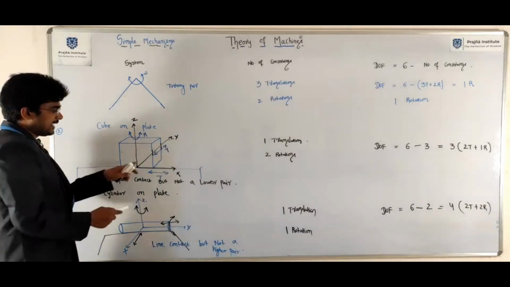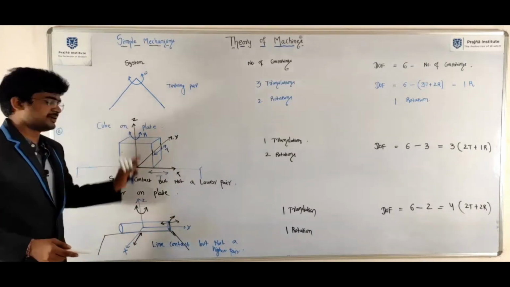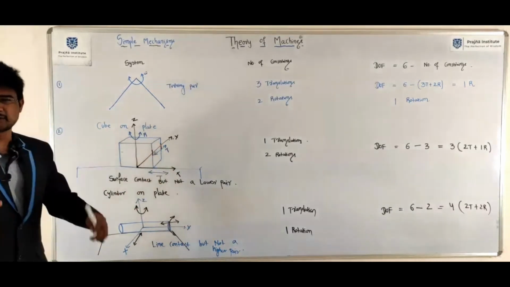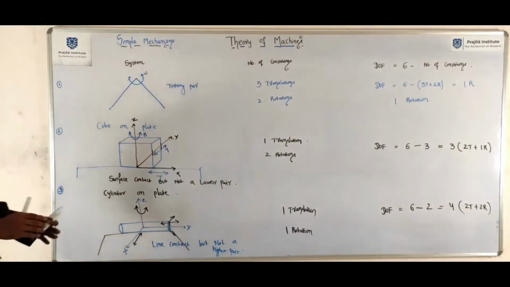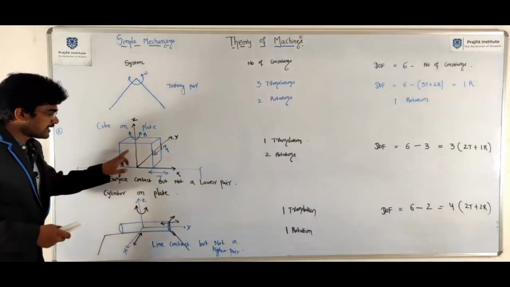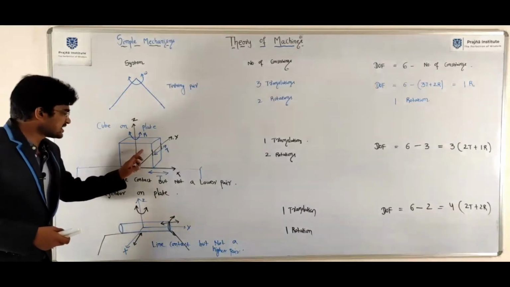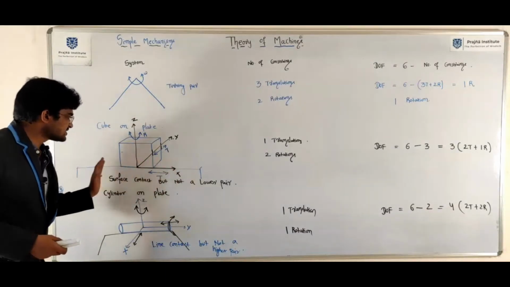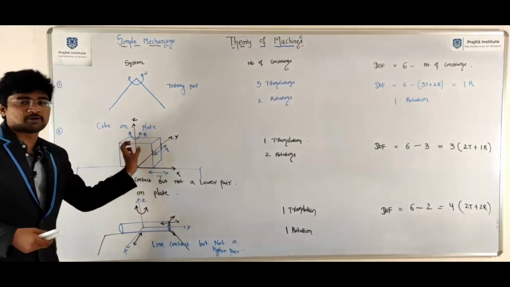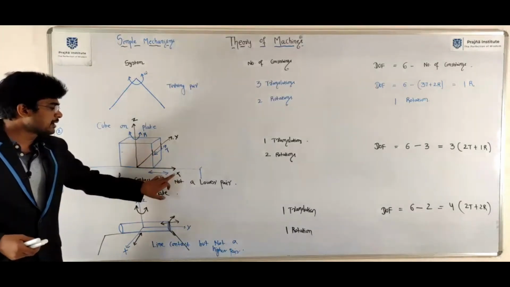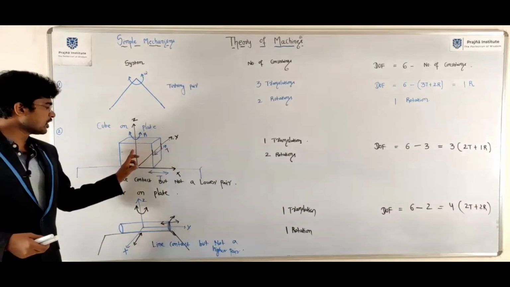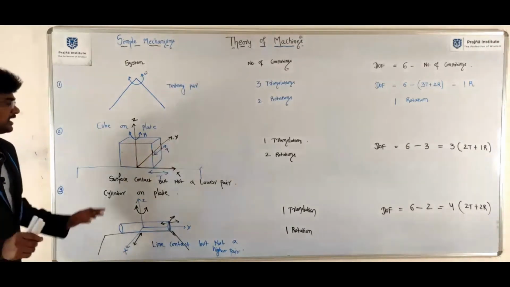So you can take X, Y, Z either way, that is up to you. Focus on the cube. If it is a cube, translation along the x-axis and y-axis is possible, and rotation about the z-axis. You can't rotate about the x and y axes. The motions restricted are called the number of constraints.